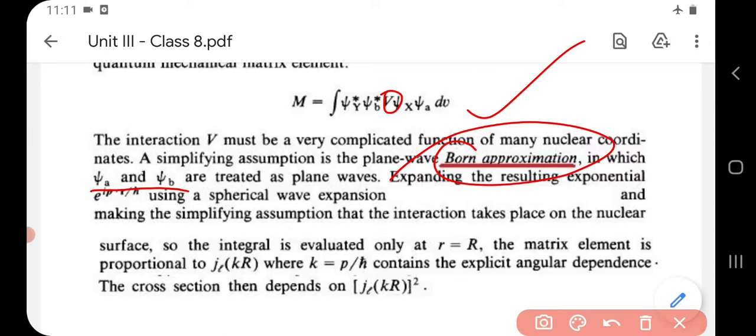Using a spherical wave expansion, and making the simplifying assumption that the interaction takes place on the nucleus surface, the integral is evaluated only at r equal to R.